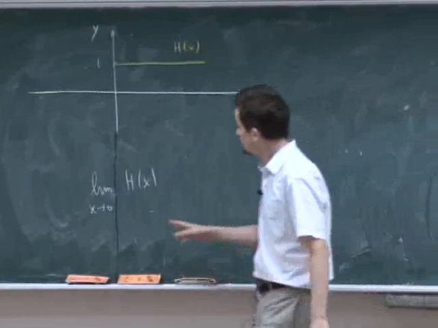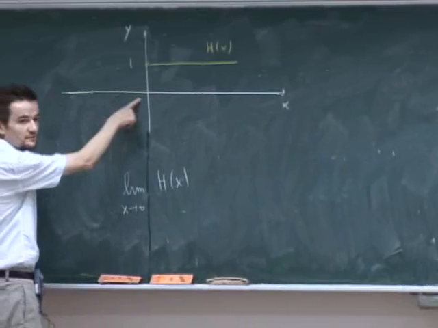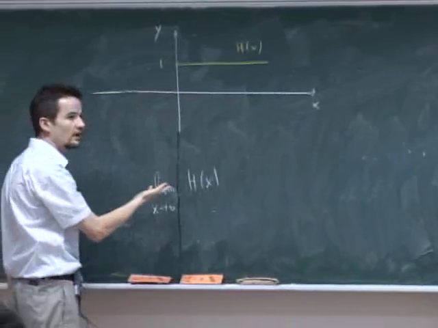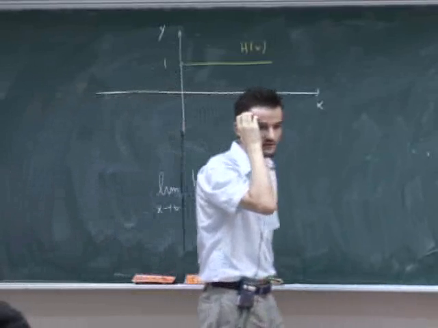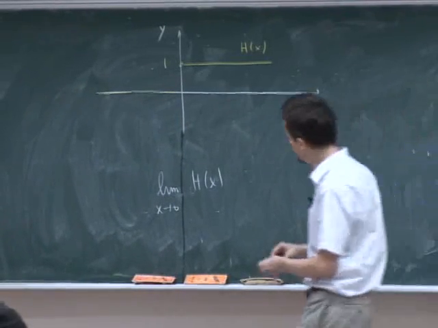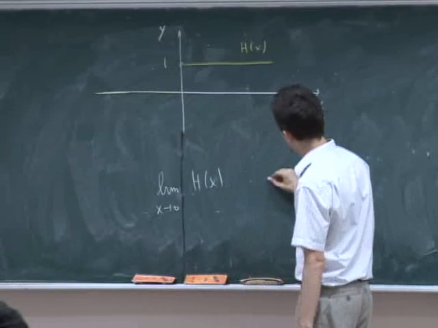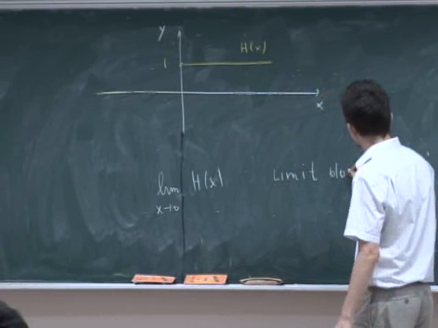Namely, if we approach from the left, the function is always equal to 0. But if we come from the right, the function is always equal to 1. Because of this, the limit cannot exist. So from this we see already the limit does not exist.